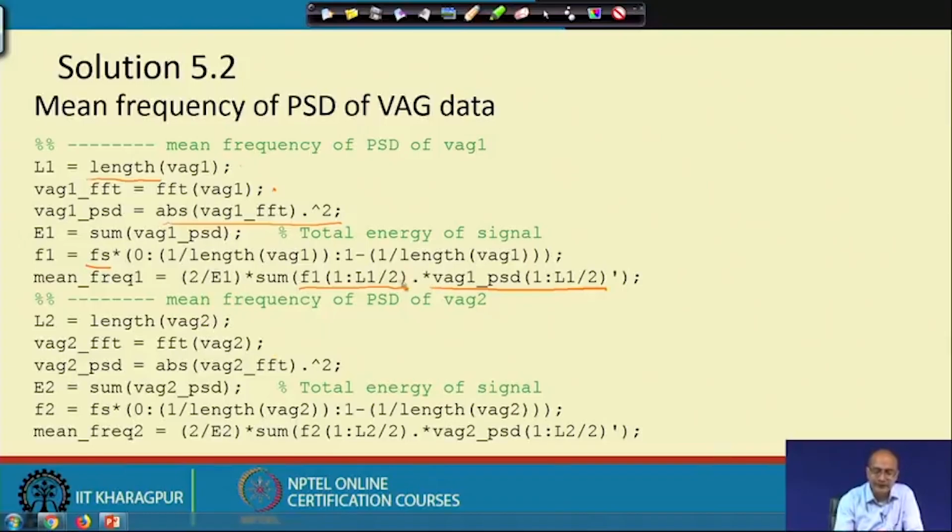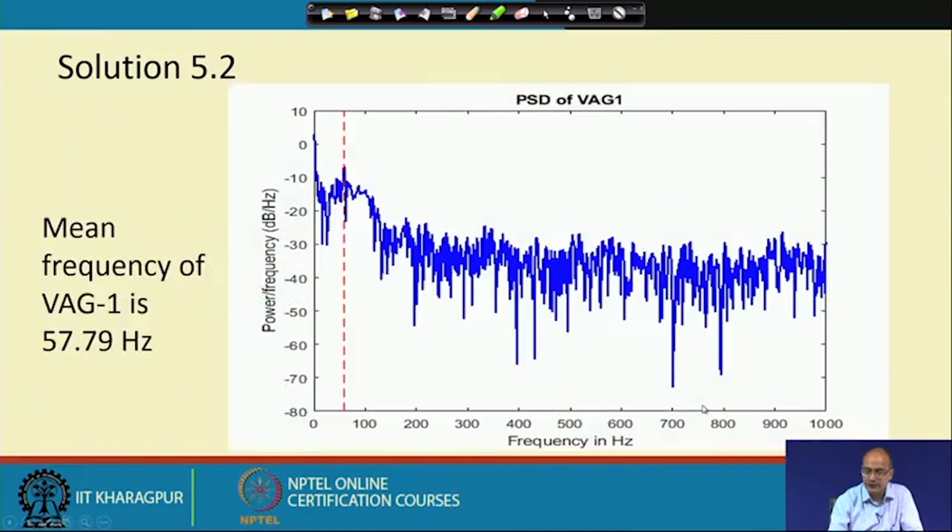And we are repeating the same exercise for VAG 2 to calculate the mean frequency. Okay. So, that is the way we can get the mean frequency and we plot them for better visualization.